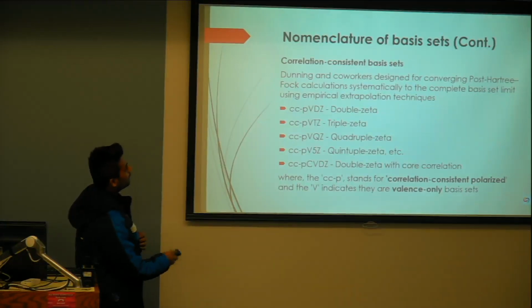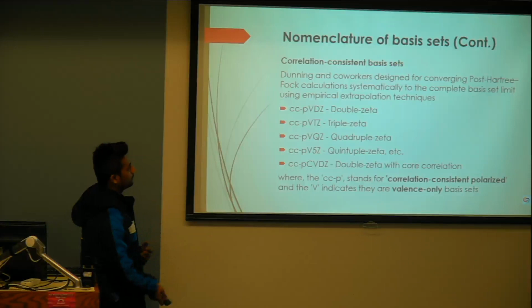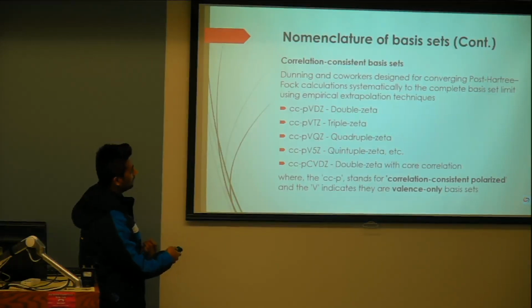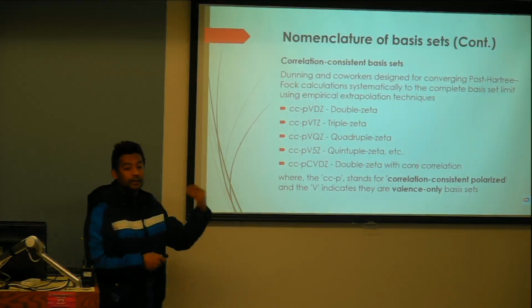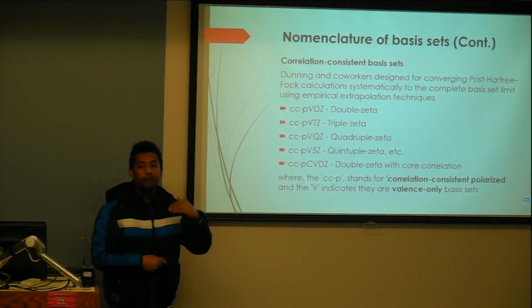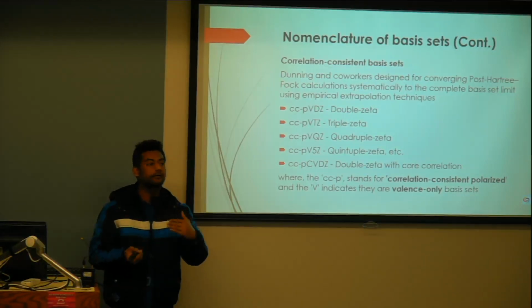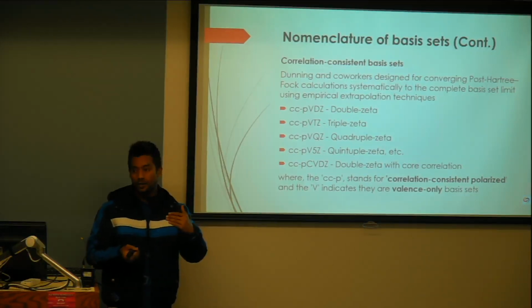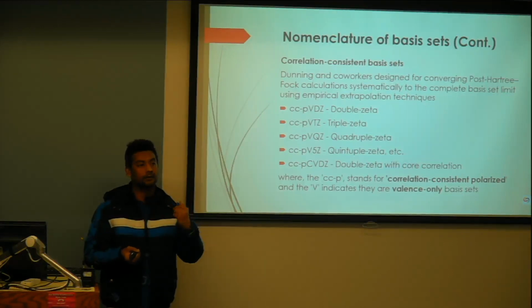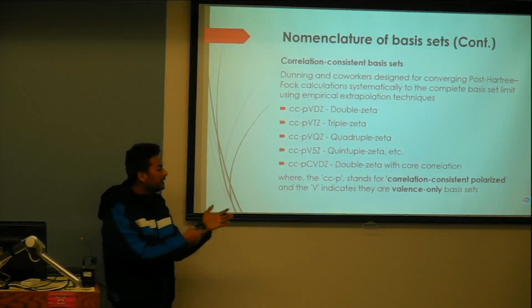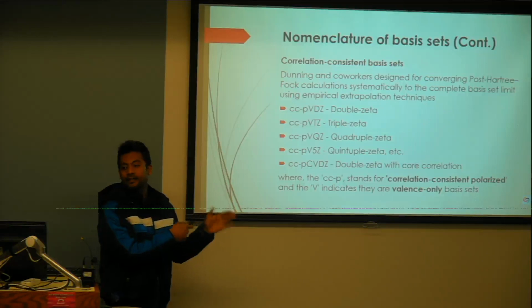The other one is the correlation-consistent basis set, or CC basis set, invented by Dunning and his co-workers. This is used for post-Hartree-Fock analysis, and it is an empirical technique.